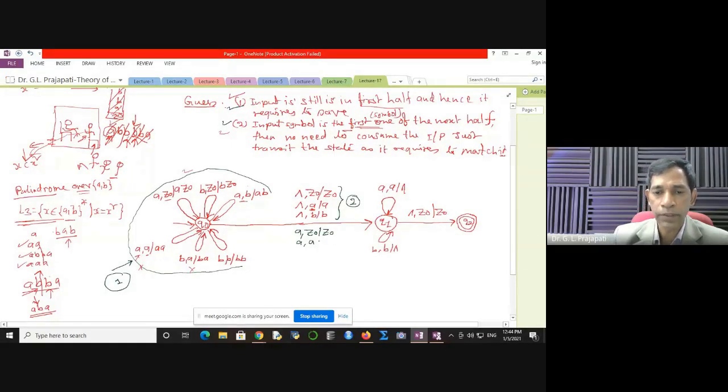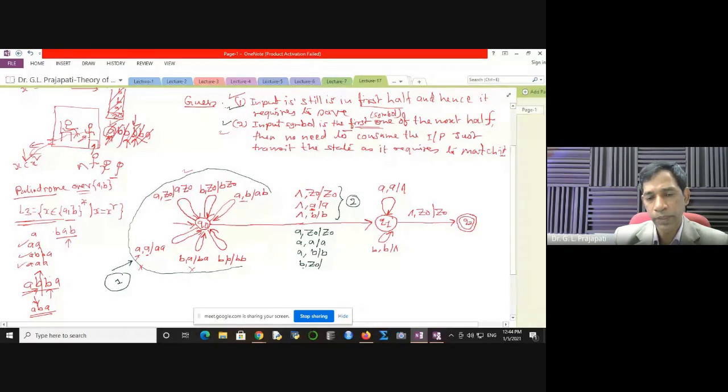When top is A, we are not going to change the top. Input can be A, and the top of the stack can be B. You are not changing the top, just reading the input and changing the state. You can have the input B, and the top of the stack can be the start symbol.